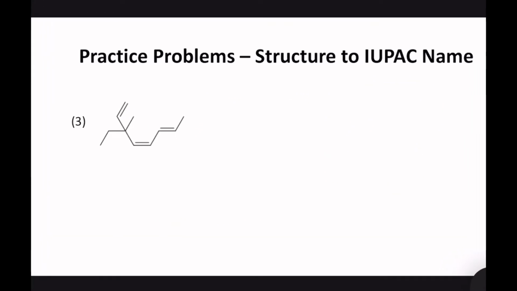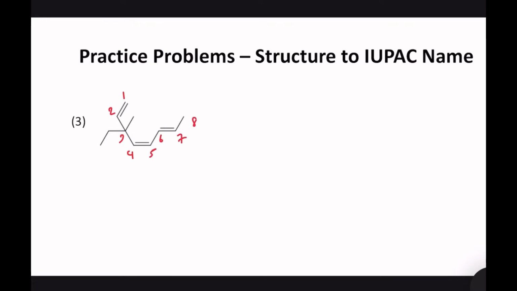Let us look at example number 3. Here we have an alkatriene and therefore, this is our parent chain. Let us do the numbering 1, 2, 3, 4, 5, 6, 7, 8.